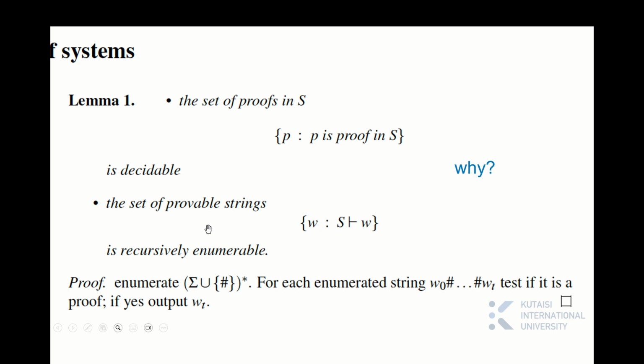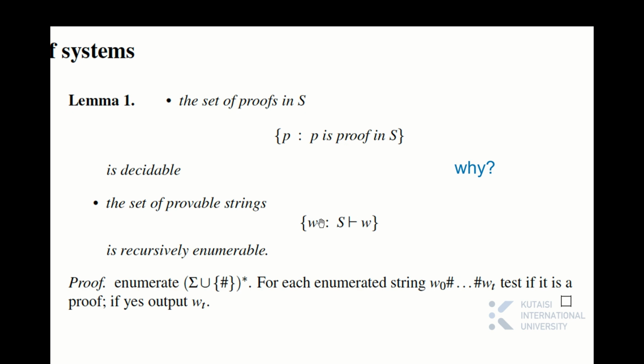Now, let's look at a different thing. Let's look at the set of provable strings. This is completely different. What is the set of provable strings? These are all strings for which a proof exists. What would this mean? Let's say, is it decidable? Well, in general, what is your intuition?